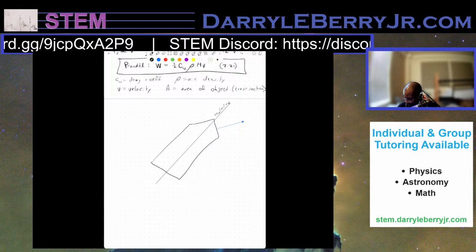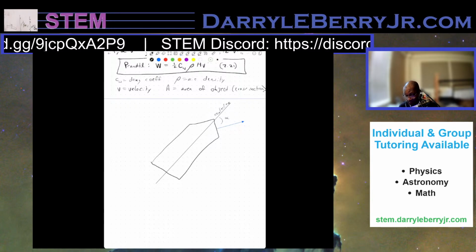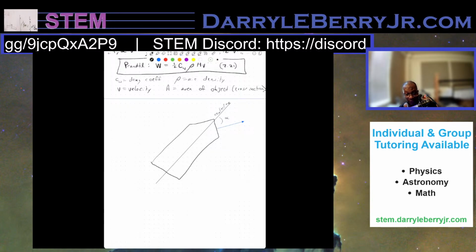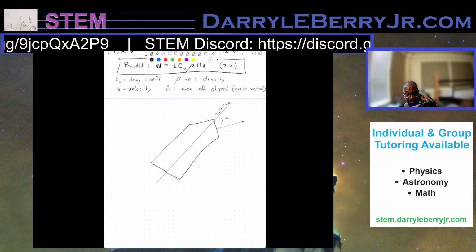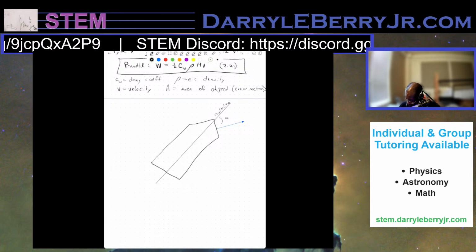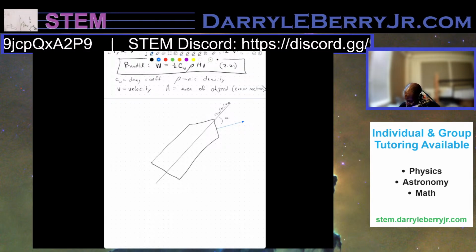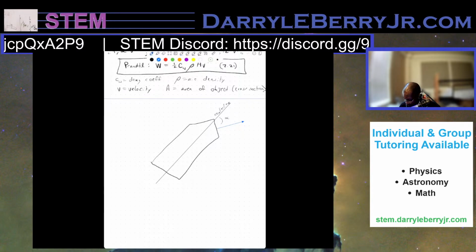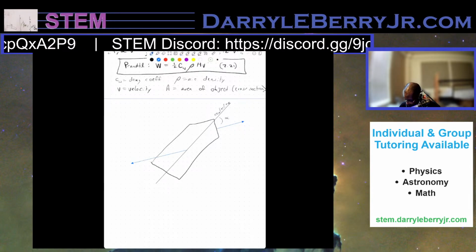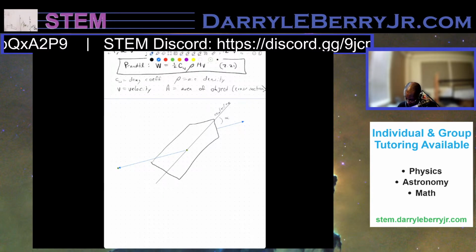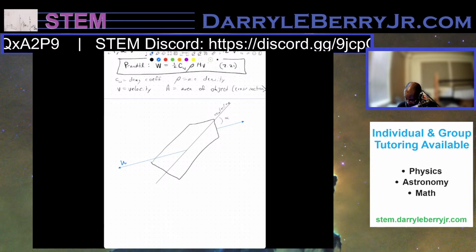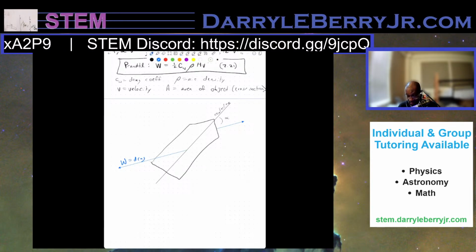So this angle theta, I'll just call it alpha, it's the angle from the center line that the velocity is. Drag, W equals drag.